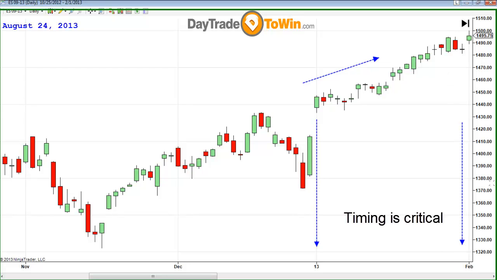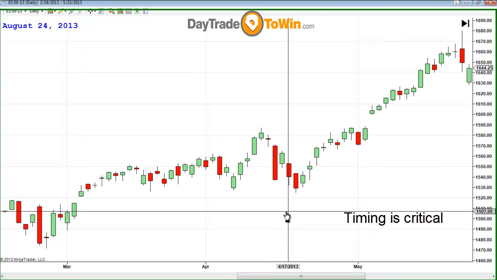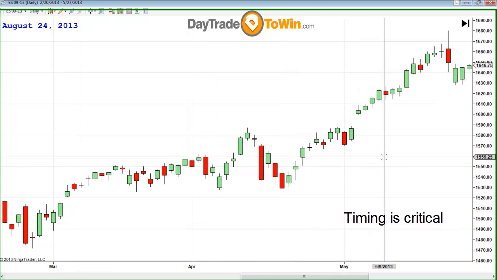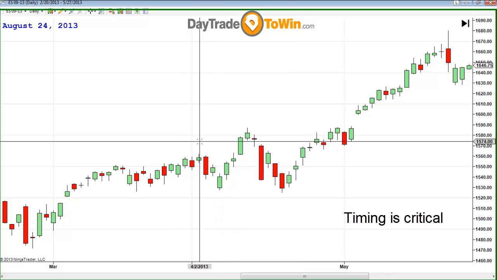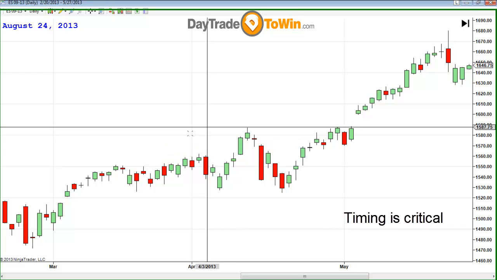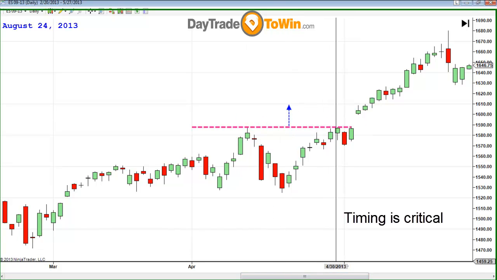So as we move forward here, the market started to rally. How do you take advantage of that? Well, the idea is to say, first and foremost, did we have a higher closing January? And the answer is yes. Then, any time the market breaks January's high, that's the opportunity, that's the time to go long.